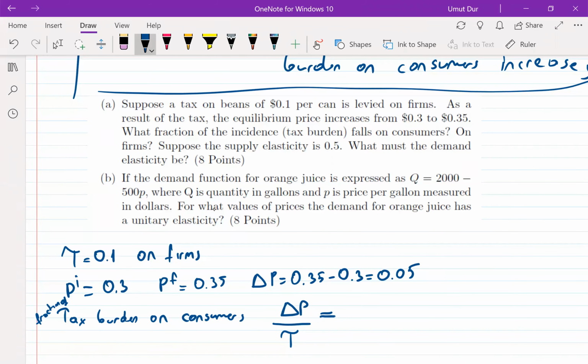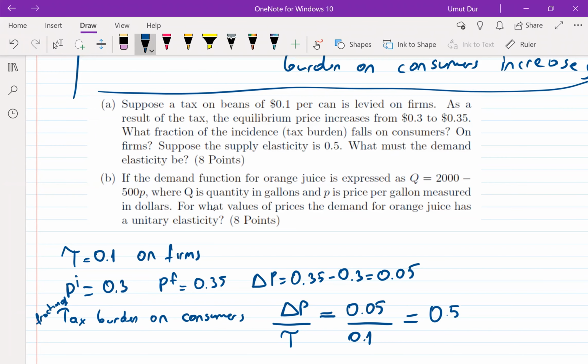And what is this fraction? It is 0.05 over 0.1, which is 0.5. So the tax burden on the consumers is just half of the tax.